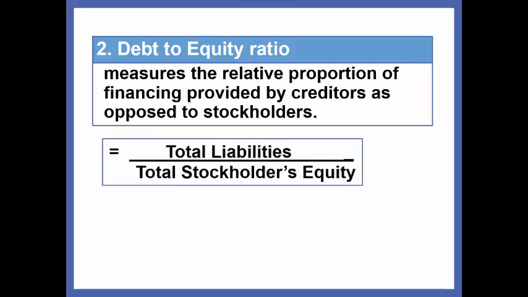So this is just looking at the relationship between the two. You'll take total liabilities and you'll divide by total stockholders' equity. This is all going to come out of the balance sheet. And so we'll just look at the balance of liabilities for the year and stockholders' equity balance for the year.